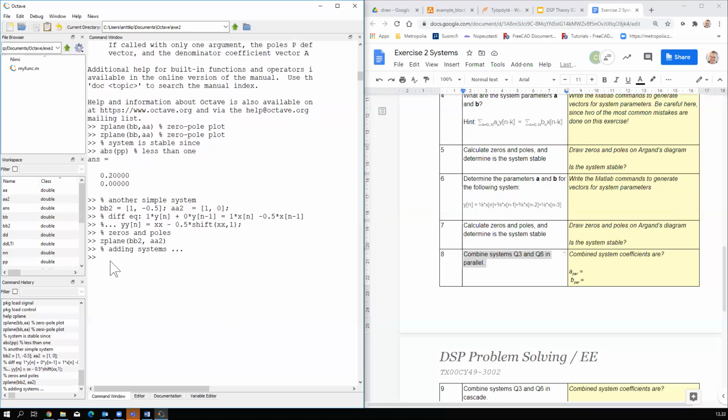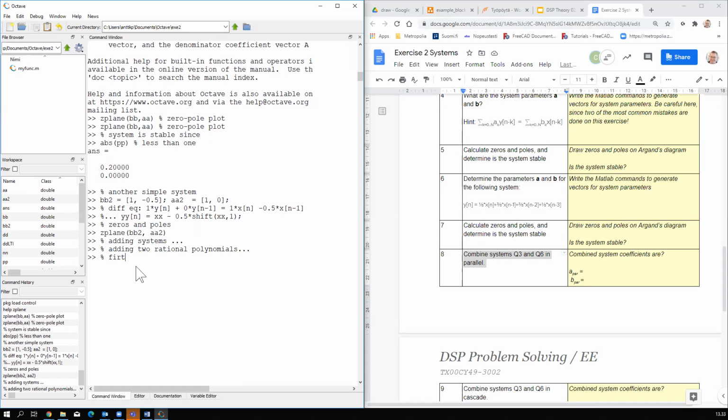But you know how difficult it is to add rational polynomials. You have probably done it already on the signals course. So adding two rational polynomials basically means that first you need to make them have a common denominator.